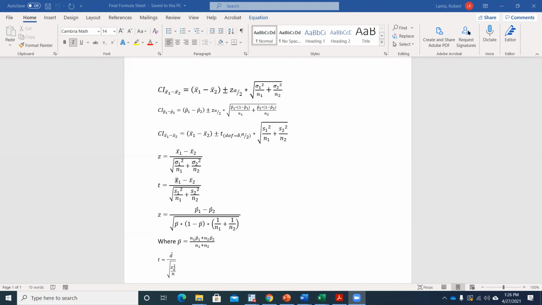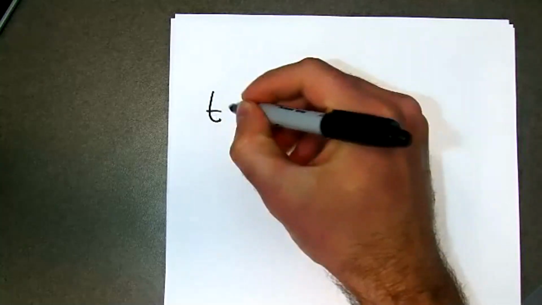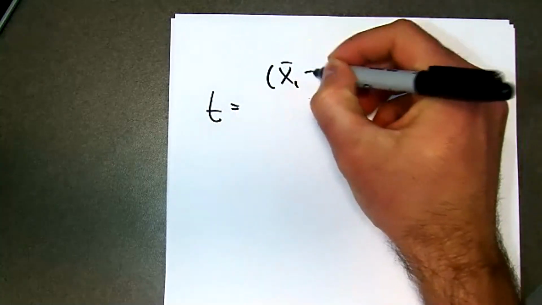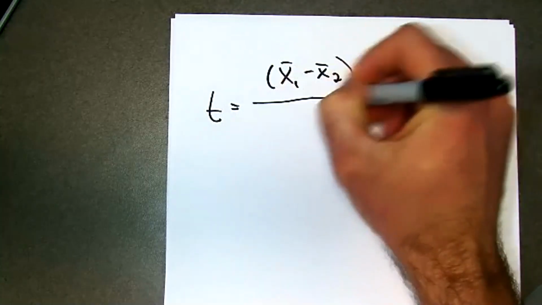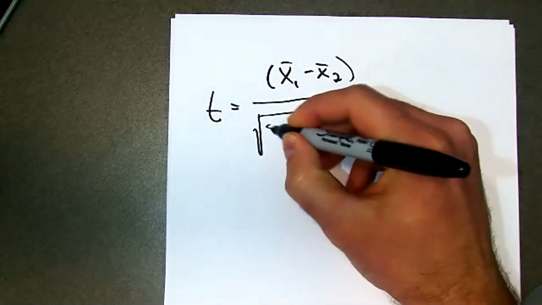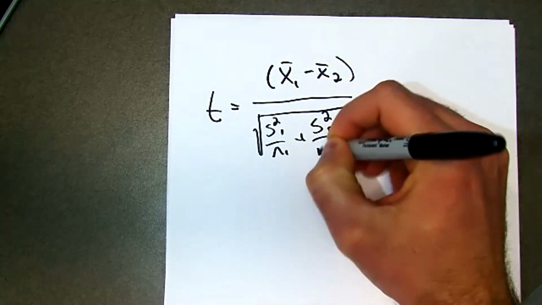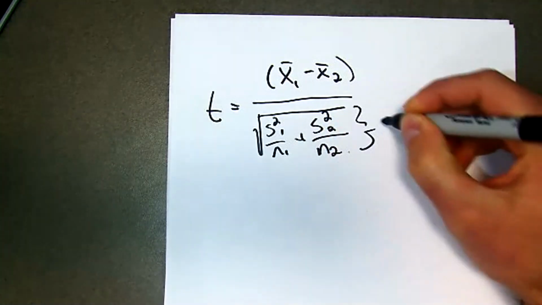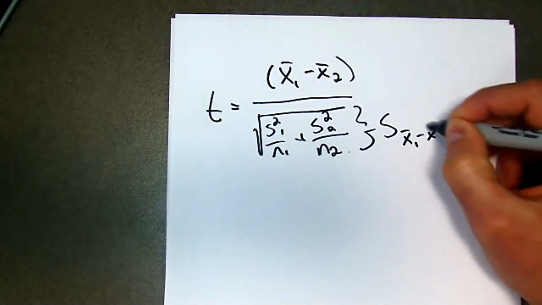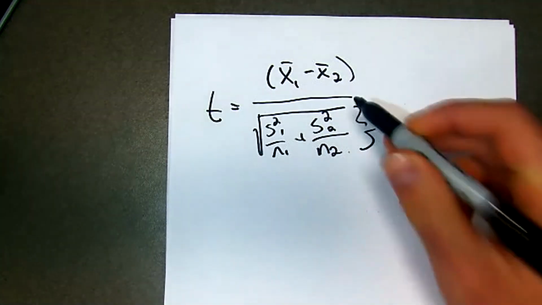Now, one thing to remember, I'll write this out because I think it'll help. Here's my test statistic equation when I have the difference in sample means and I only have sample variances. What this denominator represents is a standard deviation of the difference in sample means.